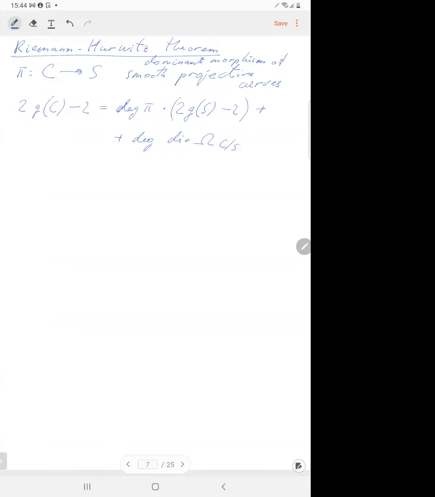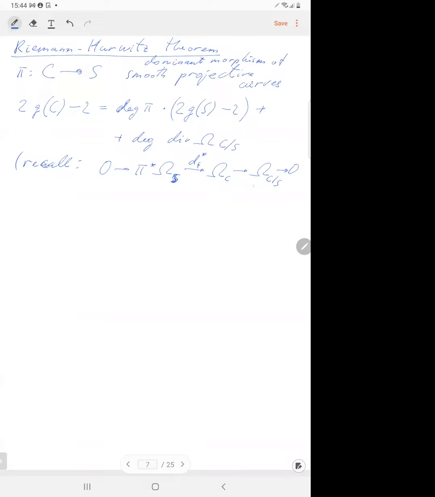Maybe let me say one word. We have the following exact sequence: 0 to the pullback of the canonical class on C. Then there is this differential to the canonical class on S, and then the quotient with the relative differential sheaf.